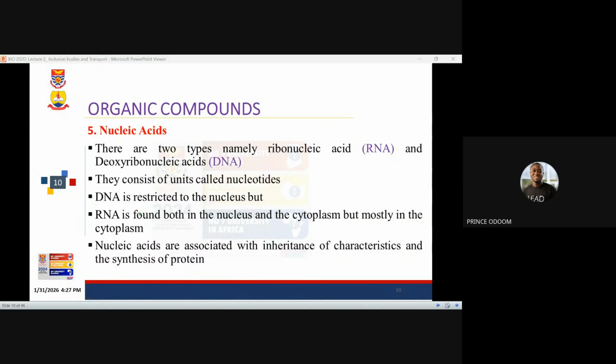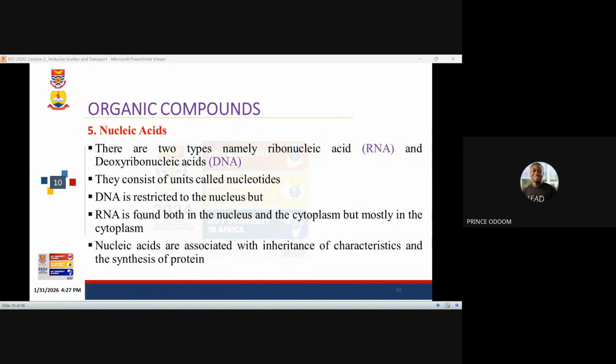Into protein. That's why I say that the RNA is found in both the nucleus and the cytoplasm. Once it is transcribed, it moves into the cytoplasm, where it undergoes translation into a specific protein.